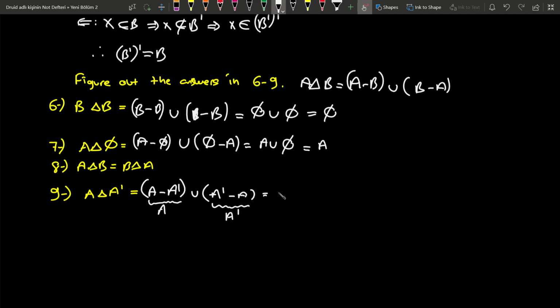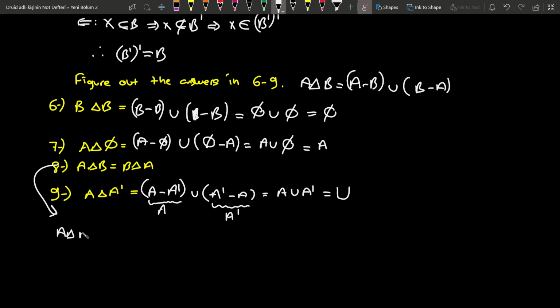We talked about this in a video. A union A complement is going to give us the universal set. So this is U.